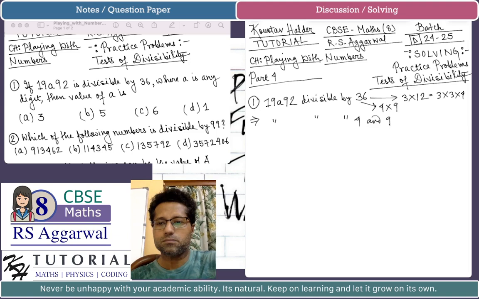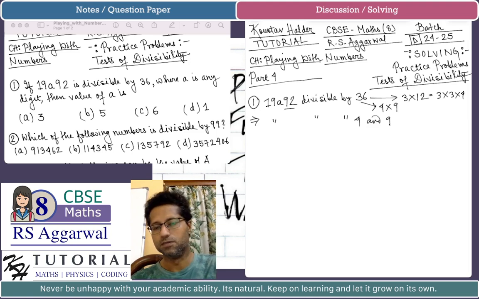Now, the criteria for a number to be divisible by 4 is that the number formed by the last two digits must be divisible by 4.